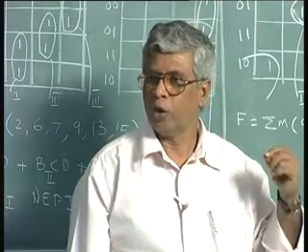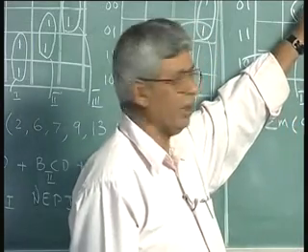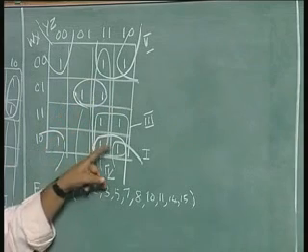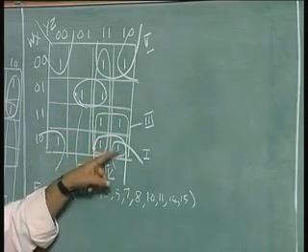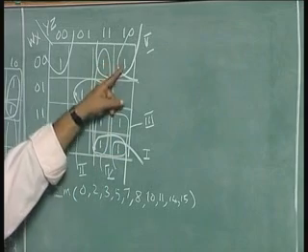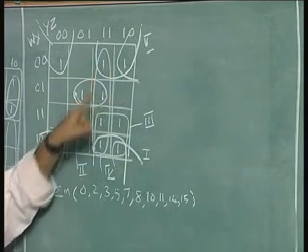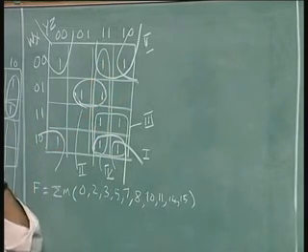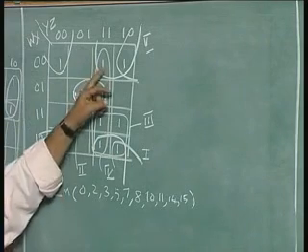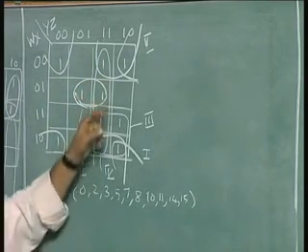That is not the case with 4 and 5 because if you think of this one, that can be covered this way or this way. So every one of these ones can be covered. All these other 3 ones have already been taken care of. In this case, all these have been taken care of except this one. Everything other than this has been taken care of. So this one can be covered either this way or this way.